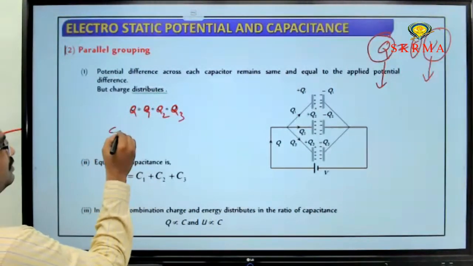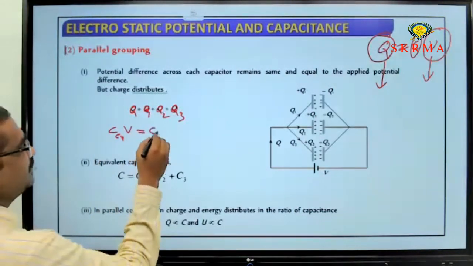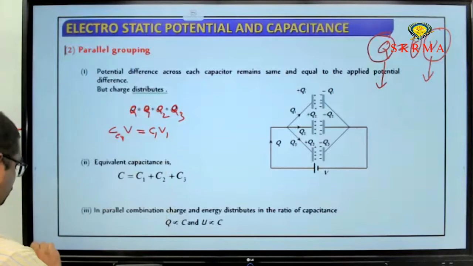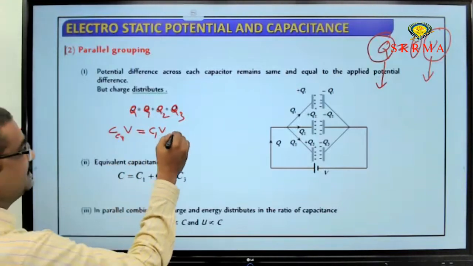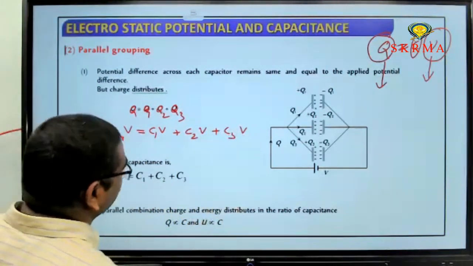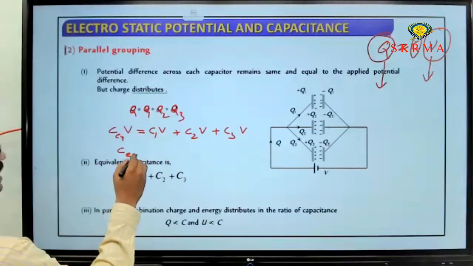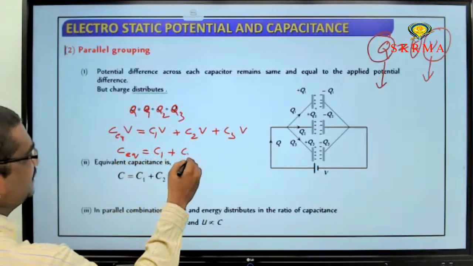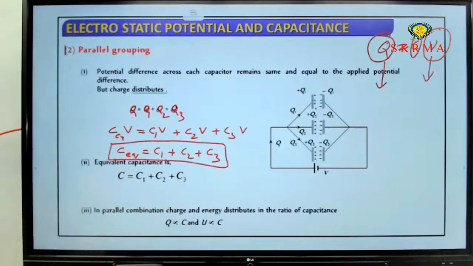Q equal to CV, so C equivalent into V. Then Q1 is C1 into V, Q2 can be written as C2 into V, and Q3 can be written as C3 into V. Just cancel potential on both sides, then you will get C equivalent equal to C1 plus C2 plus C3. That is the equivalent capacitance in the parallel combination.